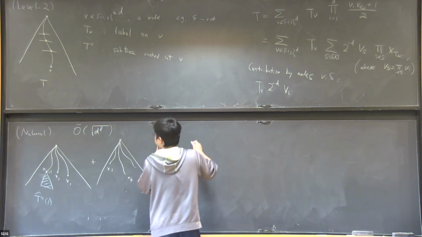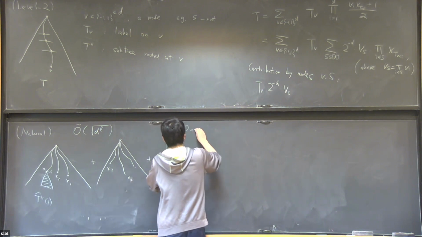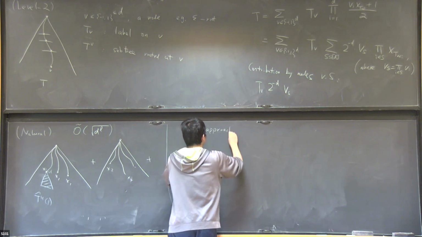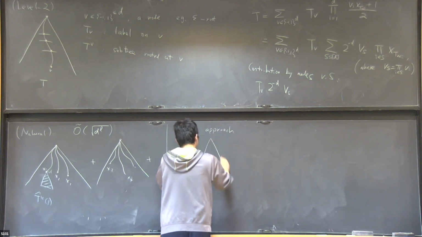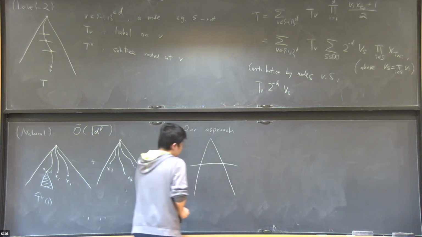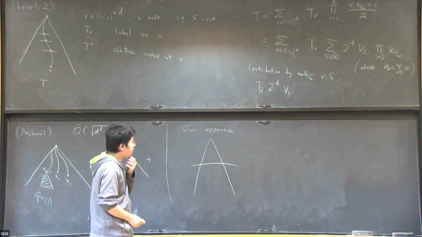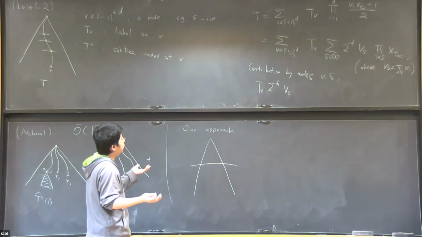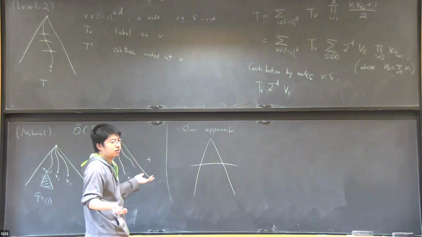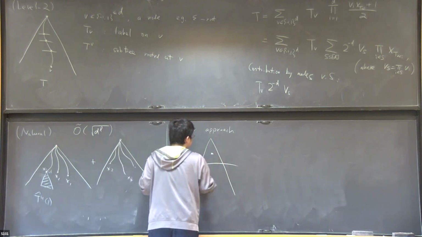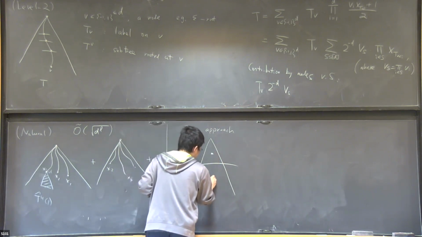So in our approach, we step back a little bit and be less ambitious. We cut our trees into halves, and instead of collecting all pairs, we just collect the pairs by taking one node in the upper half and one node in the lower half.